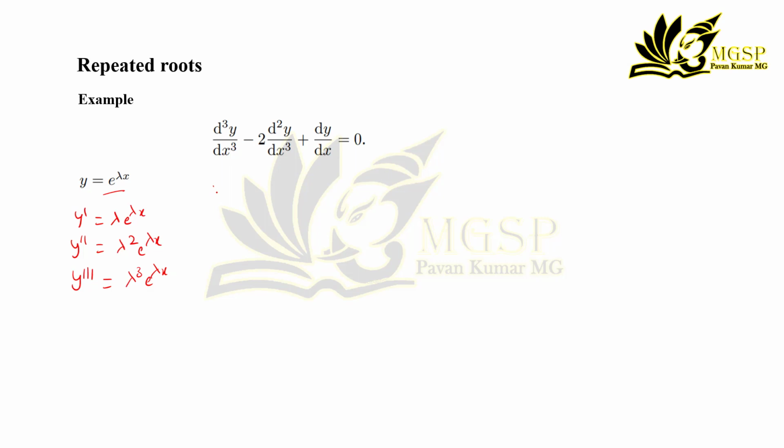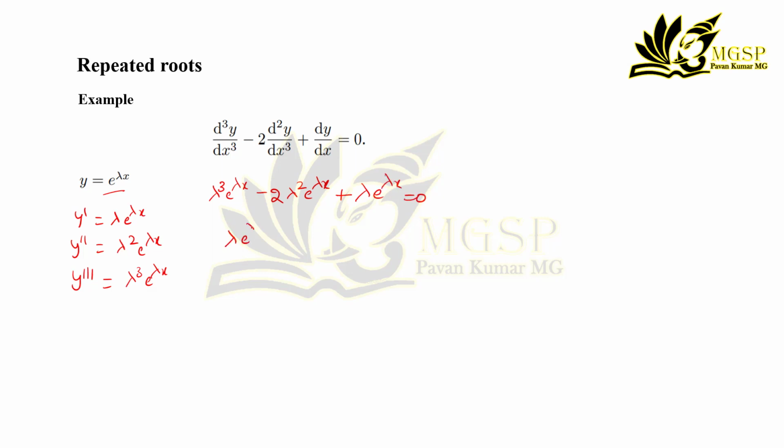So we will be getting lambda cube e power lambda x minus 2 lambda square e power lambda x plus lambda into e power lambda x is equal to 0.